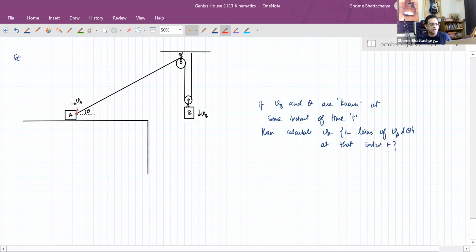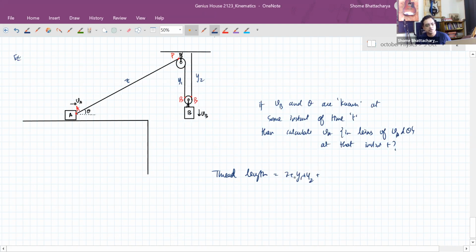to A, I'm labeling that as A again, and this point where the pulley is there, I'm labeling that as P, let's say, okay, and this is B. So the total thread length, if I label the distance AP as Z, and this one as Y1 and this one as Y2, is equal to Z plus Y1 plus Y2 plus a certain amount of thread which is going around the pulleys and all that.